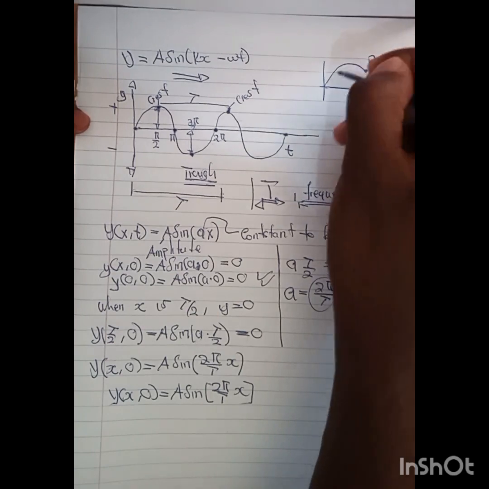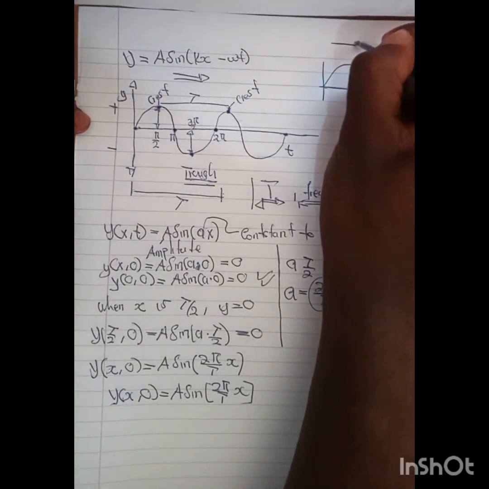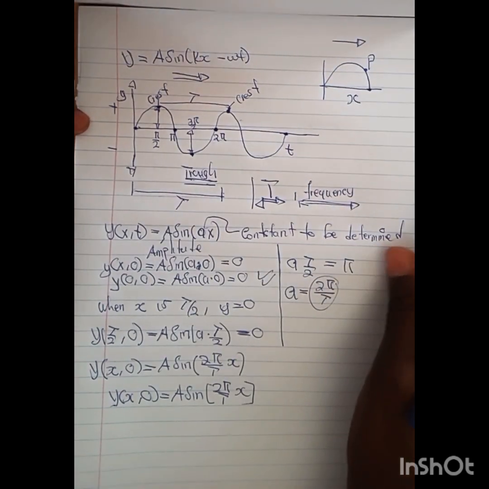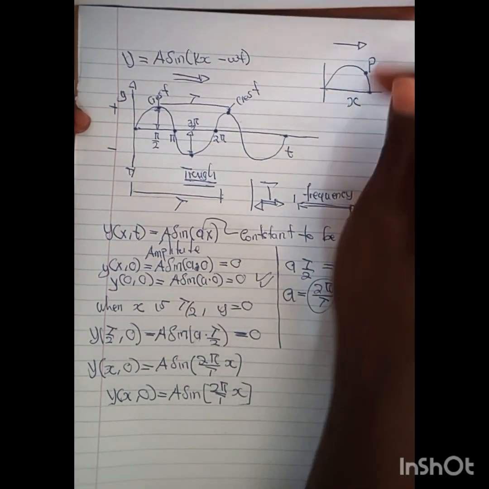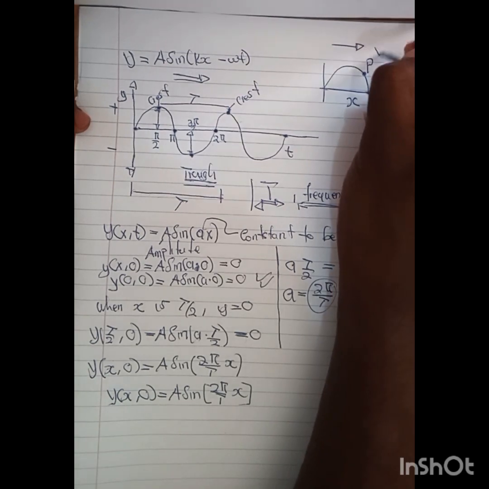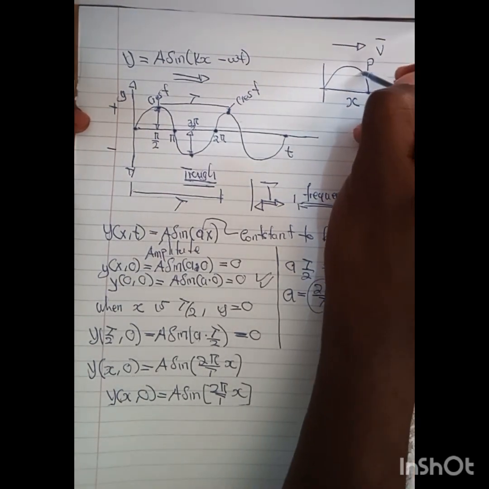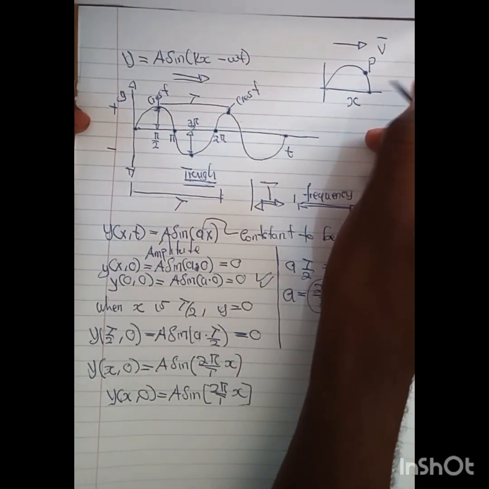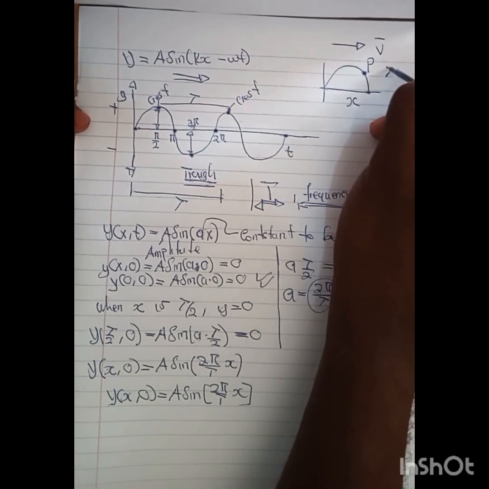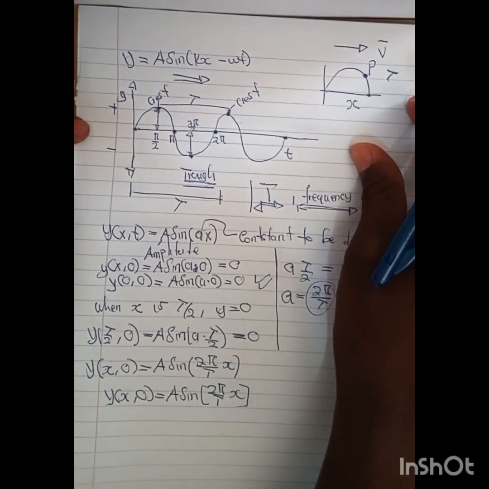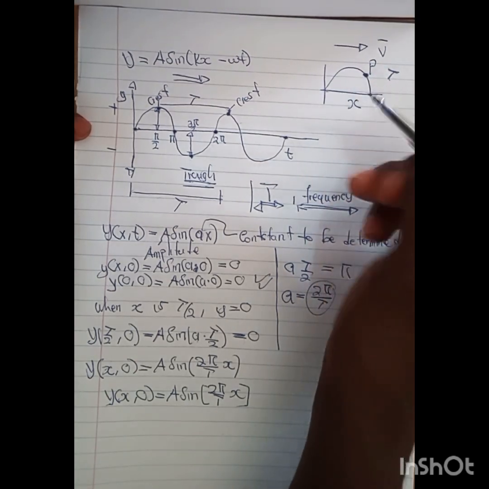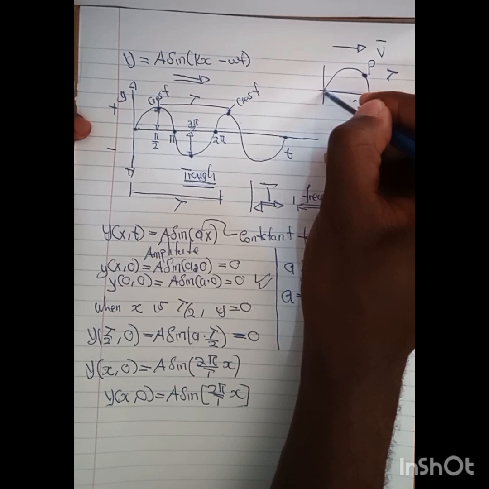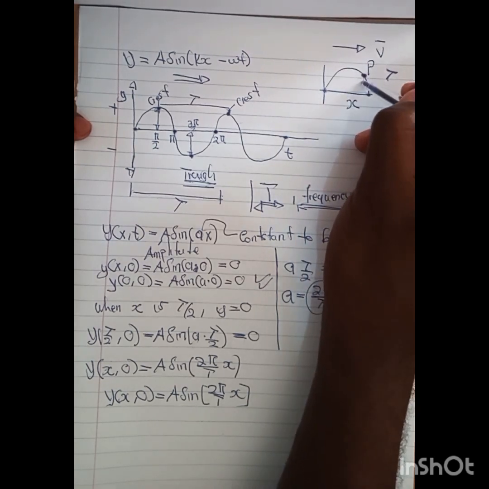And then this wave is moving to the right. Then if we know the velocity of this wave and directly knowing also the wavelength, the lambda of this wave, then we can directly find the position or the displacement of this wave from this point up to this point, which corresponds to this line.